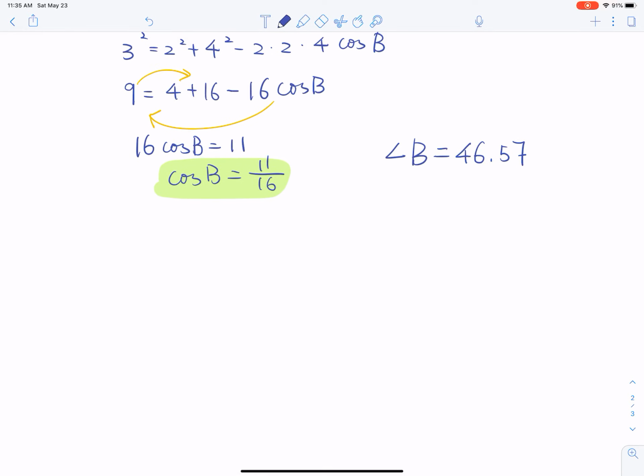Okay, now C, 4 square equal 2 square plus 3 square minus 2 times 2 times 3 cosine C. 16 equal to 4 plus 9 minus 12 cosine C.